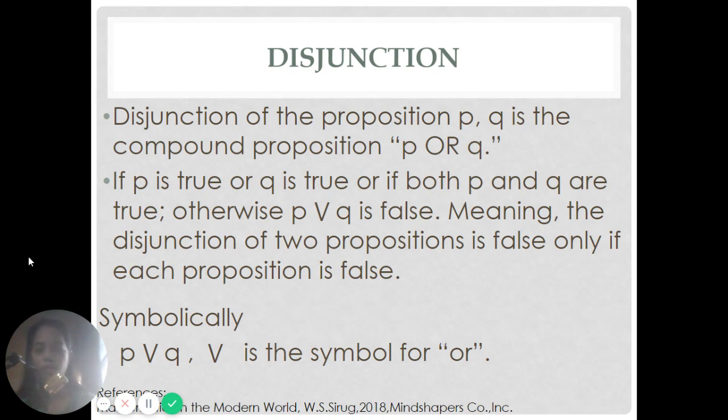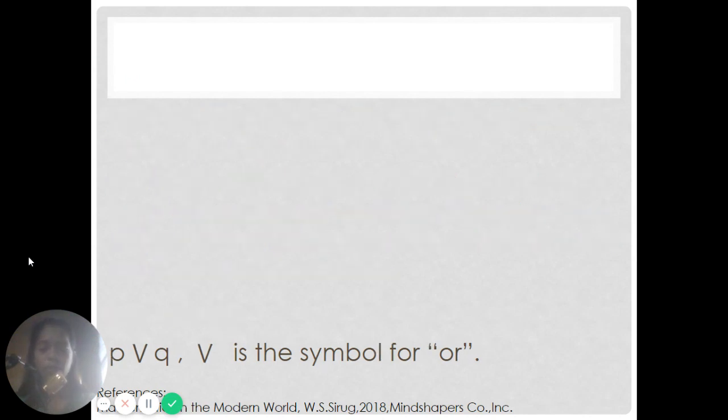Otherwise, it's false. Meaning, the disjunction of two propositions is false only if each proposition is false. The symbol for this is like a letter V, which means or.